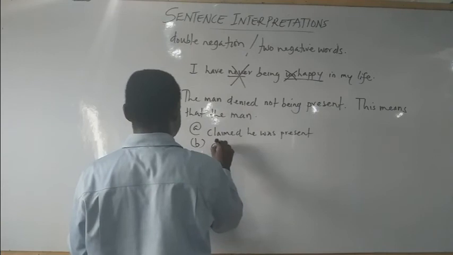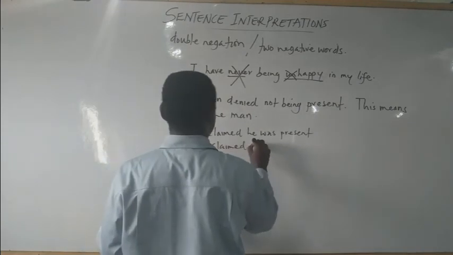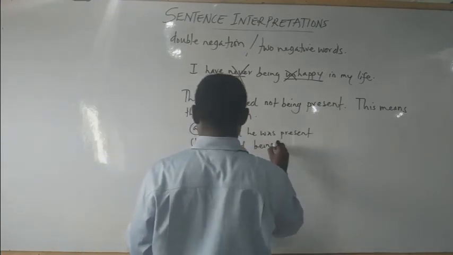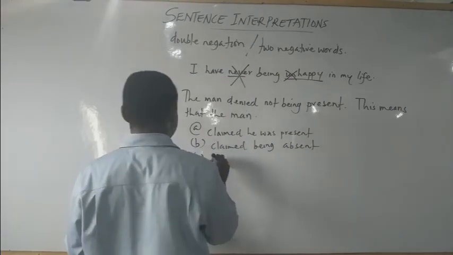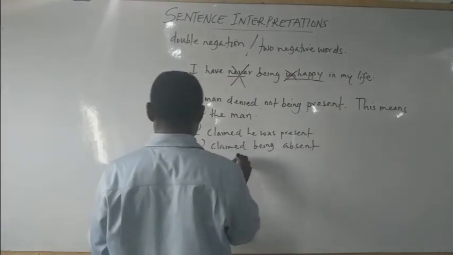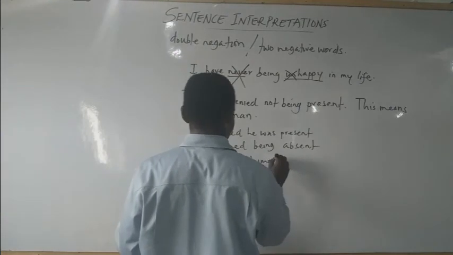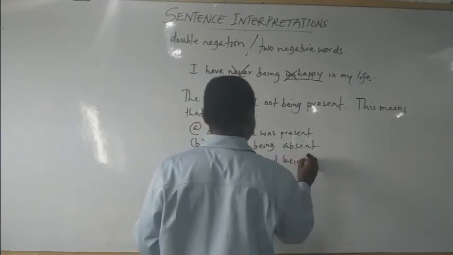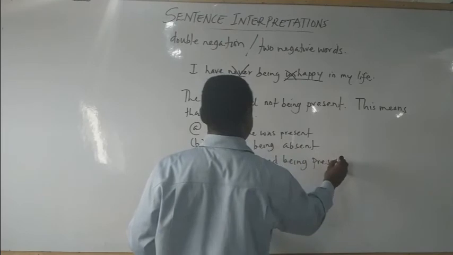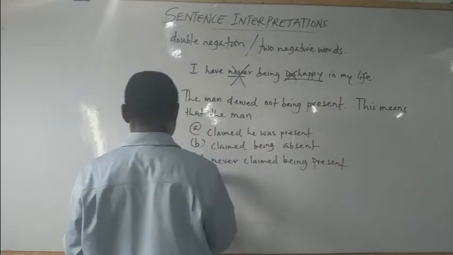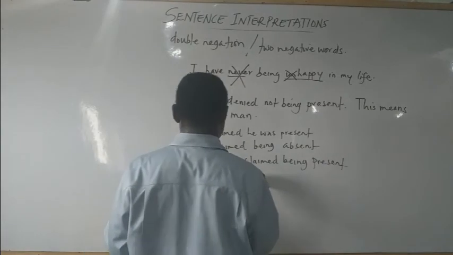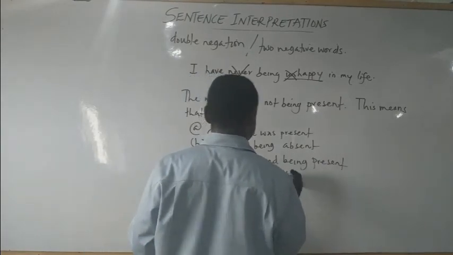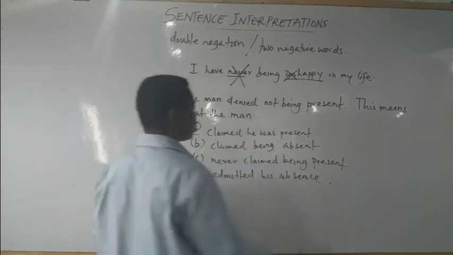B, the man claimed being absent. C, the man never claimed being present. Then D, the man admitted his absence. Look at these options.